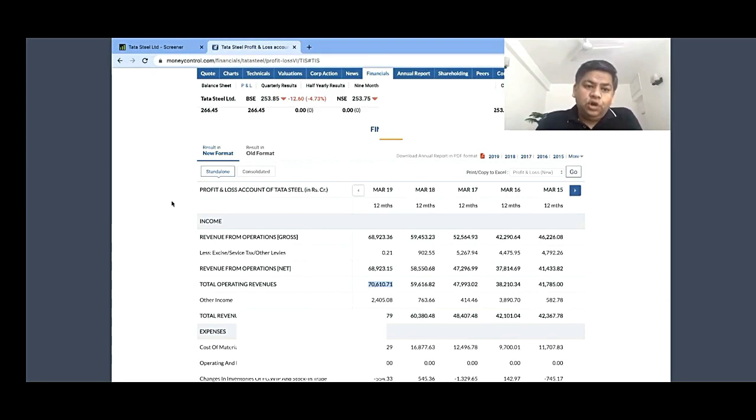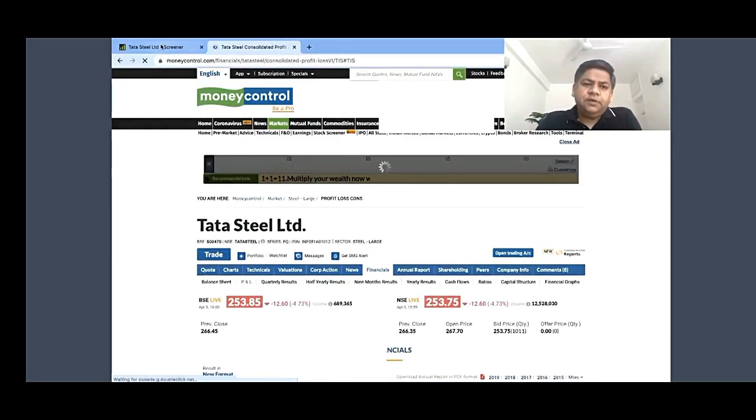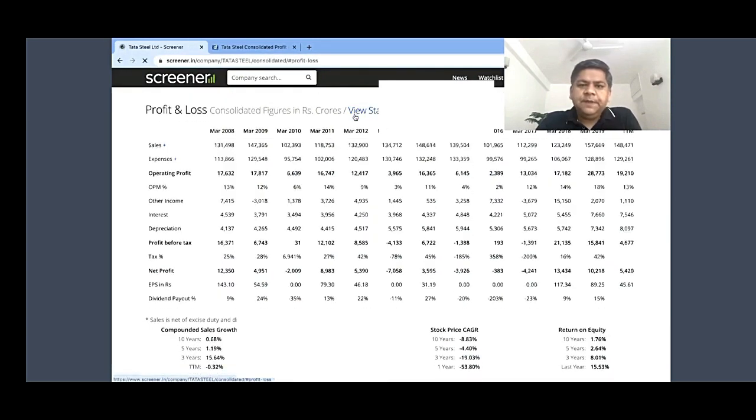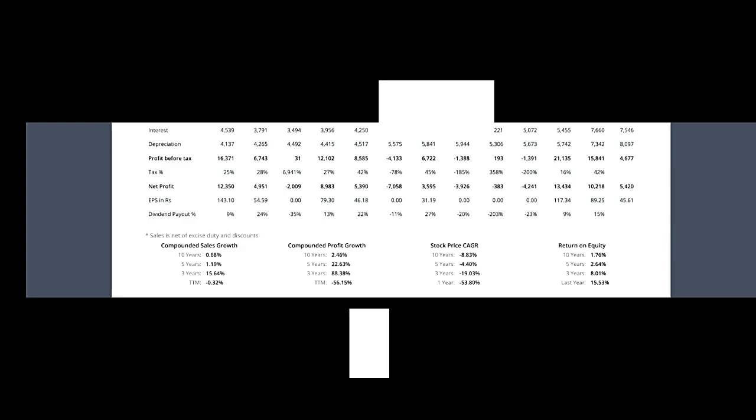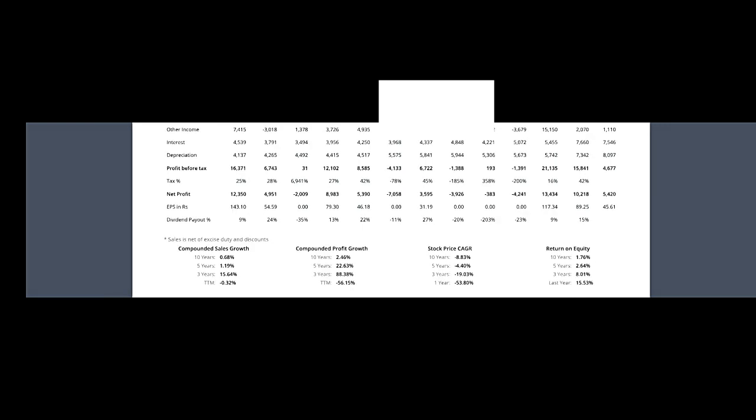Ideally, you should always look at the consolidated profit and loss statement of a company, because once a company has invested in or acquired another company, they will always abide by them. They will always help that company. The acquired company will always be bringing positive and negative forces both to the company.